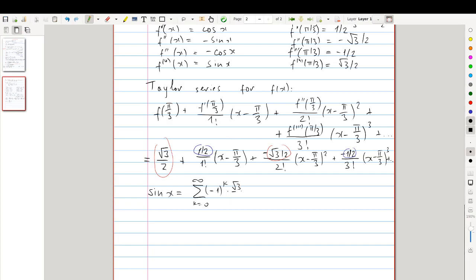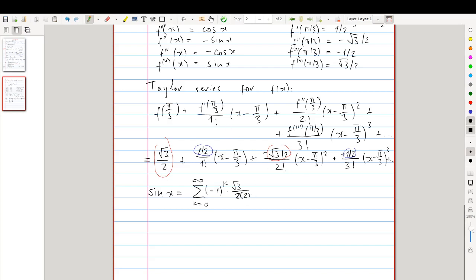Then I have the factorial of the corresponding index in the denominator.